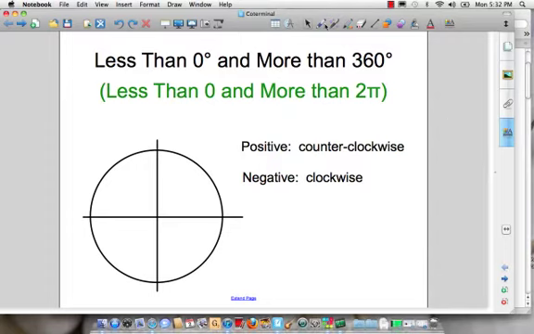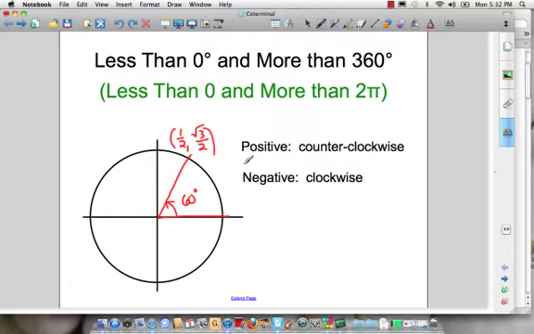So let's look at an angle that you should already be familiar with. If you think about 60 degrees, that's about right here. So we're thinking about this angle I'm drawing in red, and hopefully you know from class that the ray for 60 degrees would intersect the unit circle at 1/2, square root of 3 over 2.